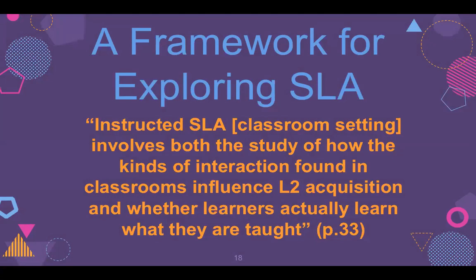So the end of the chapter kind of wraps up with this framework for exploring SLA with all of these different areas. And they refer to instructed SLA, so instructed as in a classroom setting, involves both the study of how the kinds of interaction found in classrooms influence L2 acquisition and whether learners actually learn what they are taught.